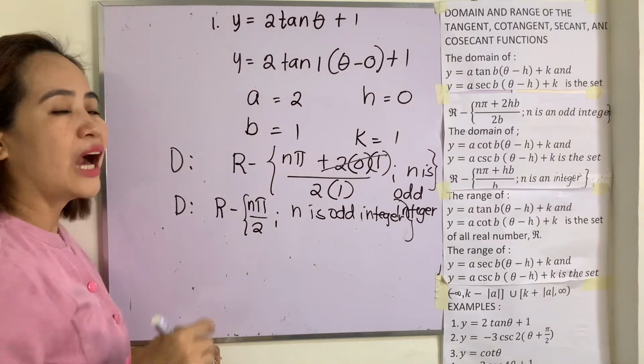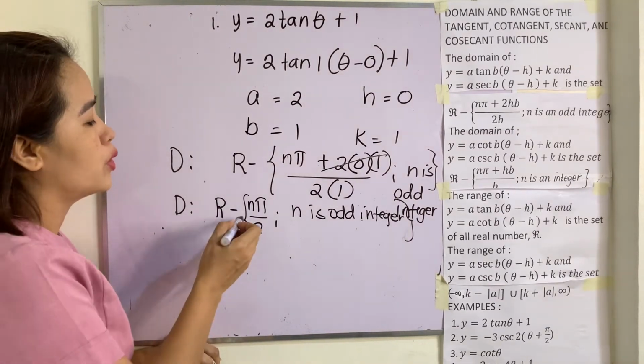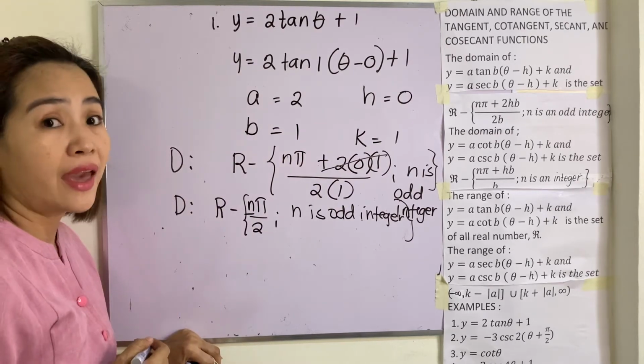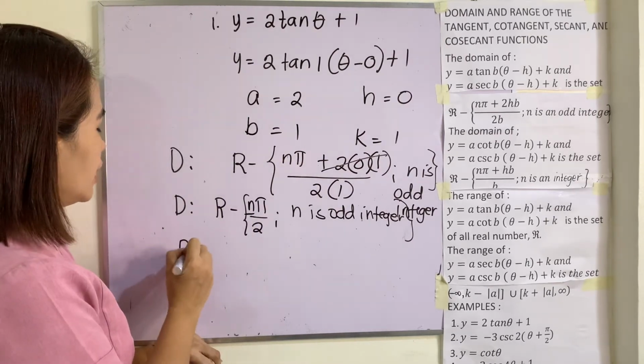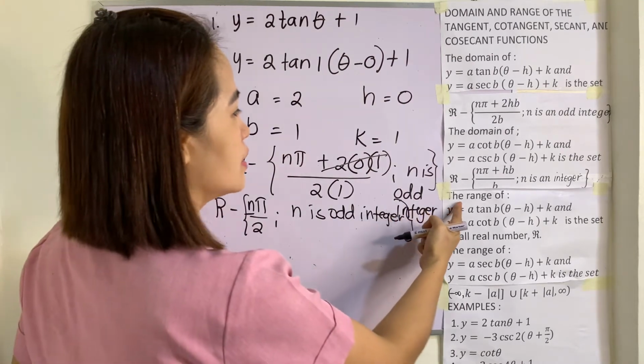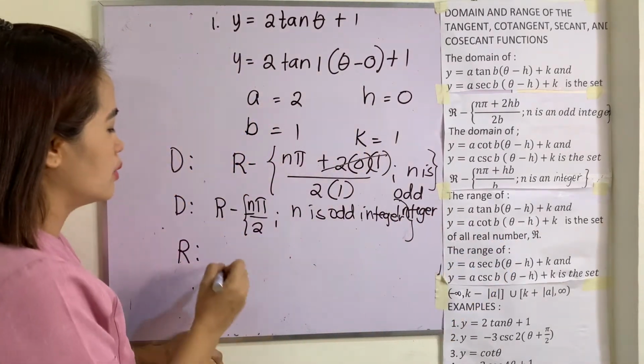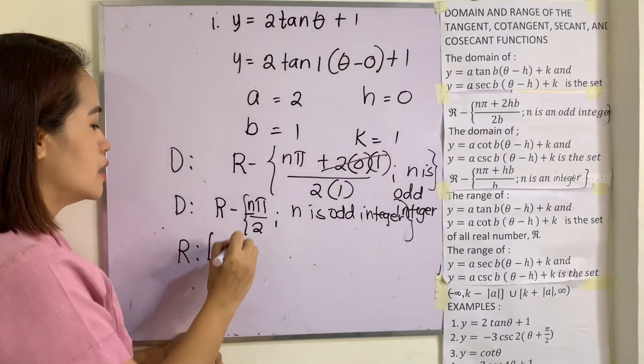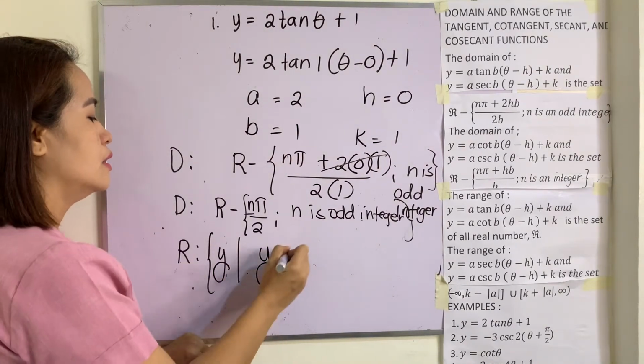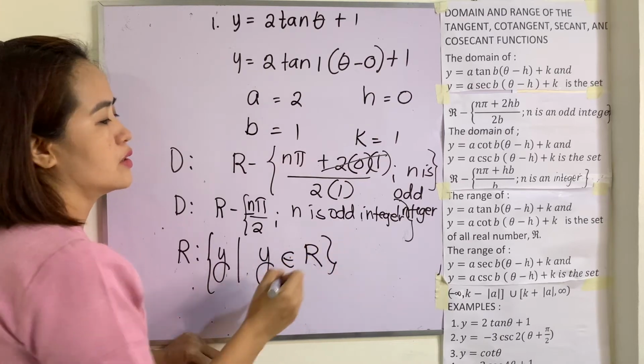Take note that the angle is not defined, therefore we cannot identify this n. For the range, it says here that the range of the tangent is the set of real numbers. So therefore, y, such that y is any element in the set of real numbers.